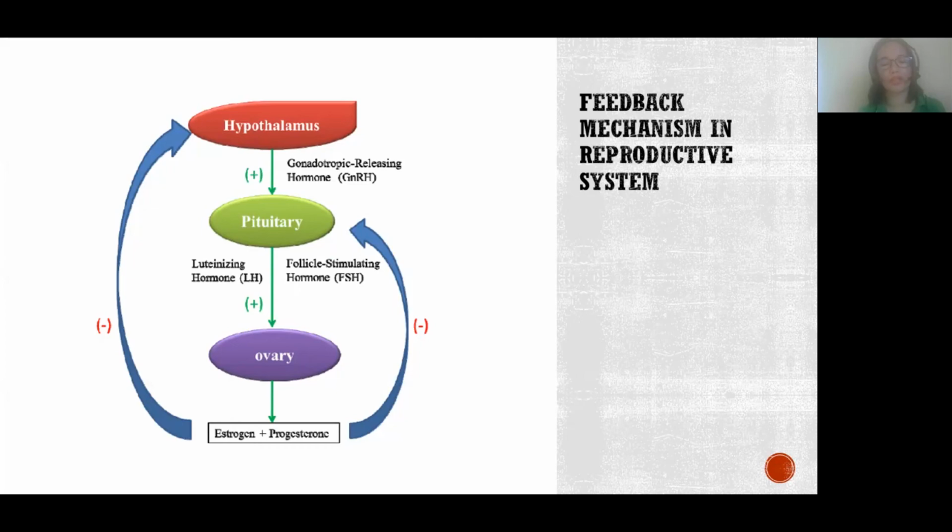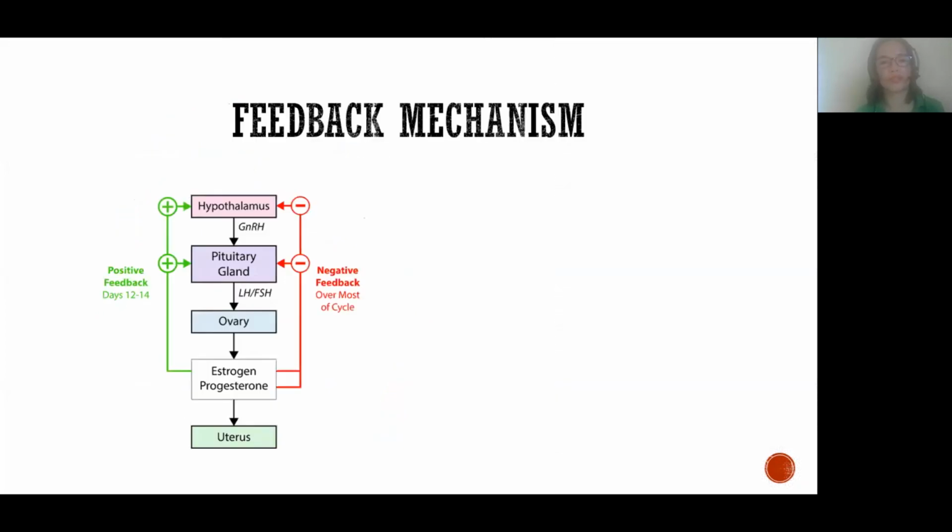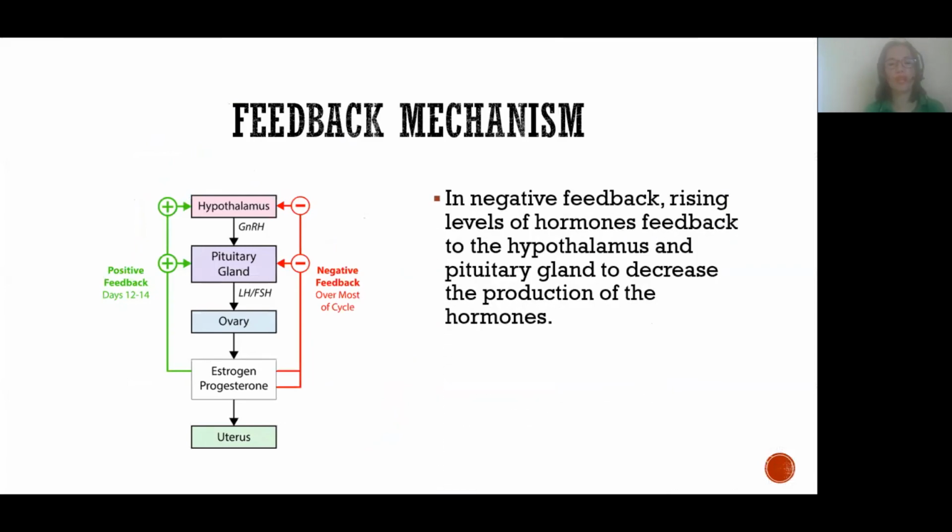How are they controlled and managed with the help of our endocrine and nervous system? In the feedback mechanism, from the diagram, you'll see here negative feedback, and then here the positive feedback.